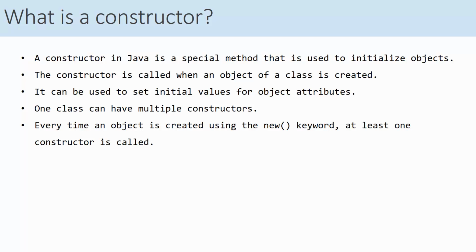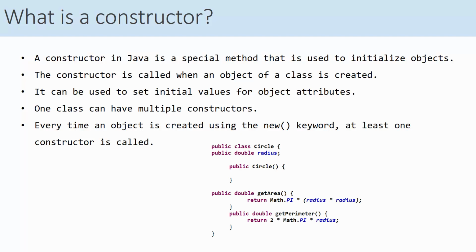Every time you call the new keyword, you are actually calling one of the constructors of a class. When you call a constructor, you are creating the object. Here's an example. We see the constructor in this class Circle.